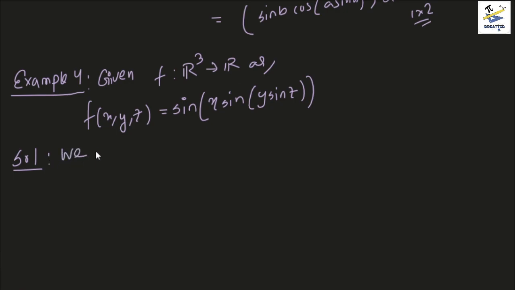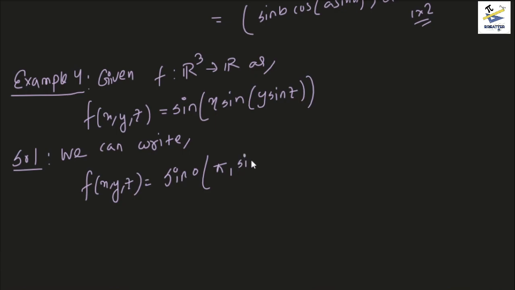So we can write f of x comma y comma z as the composition of sine with pi 1 sine of pi 2 sine pi 3, right, at the point a comma b comma c.